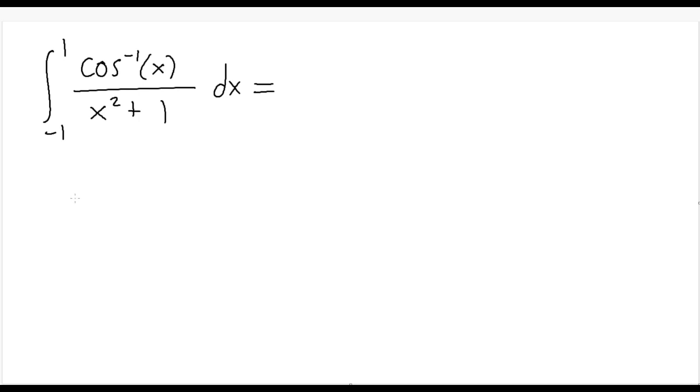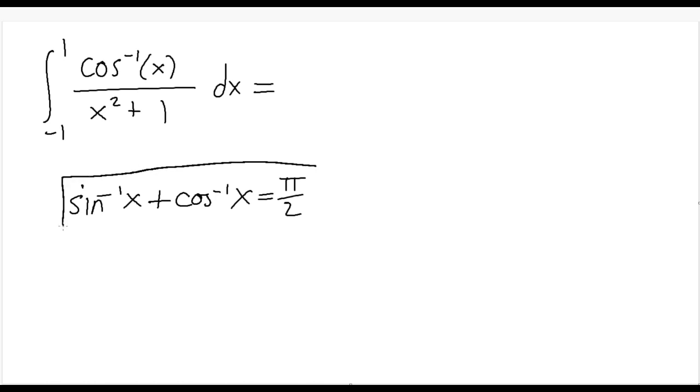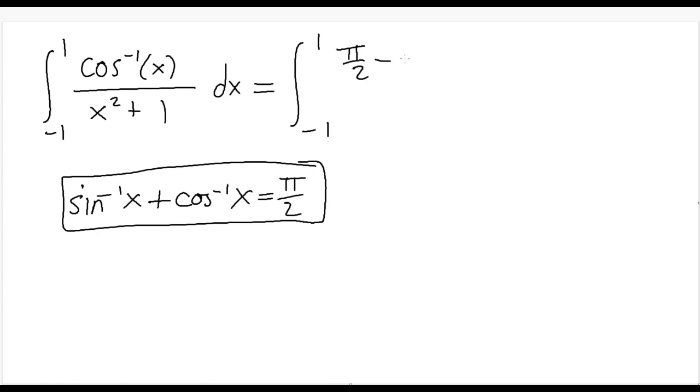We know that inverse sine of x plus inverse cosine of x, we know this identity, is equal to pi over 2. So let me go ahead and do this: pi over 2 minus inverse sine of x.